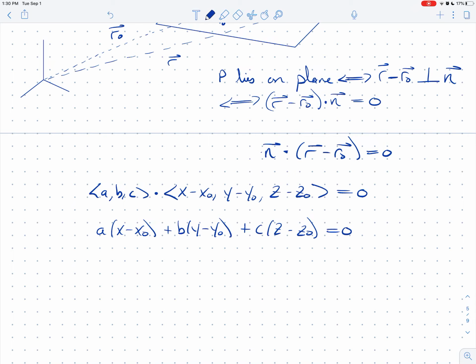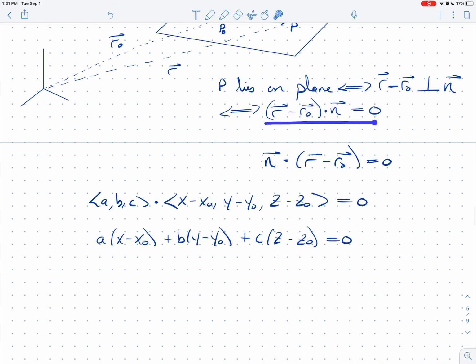And so this is the equation of the plane. So this is a scalar equation. Please realize that, even though we started with a dot product, it spits out scalars. And so it shouldn't surprise you that I get this scalar equation. And so this is the equation of a plane. Let's write it down.